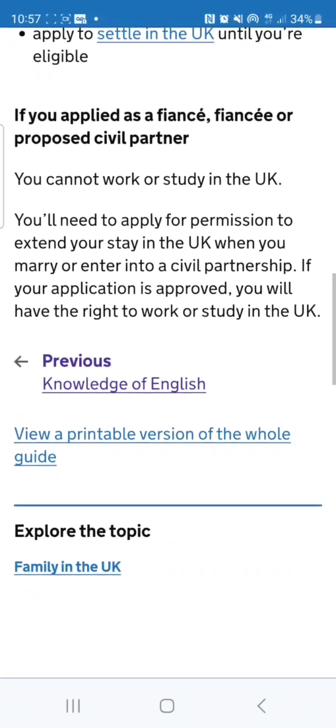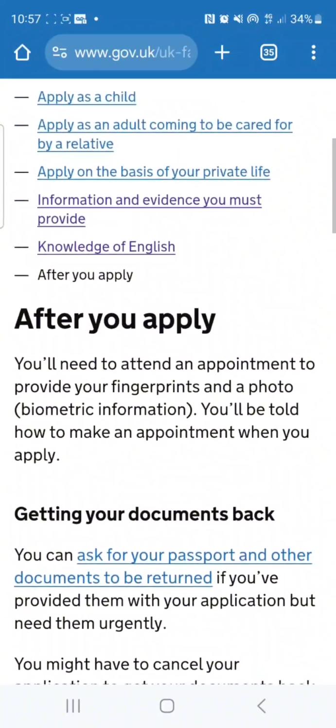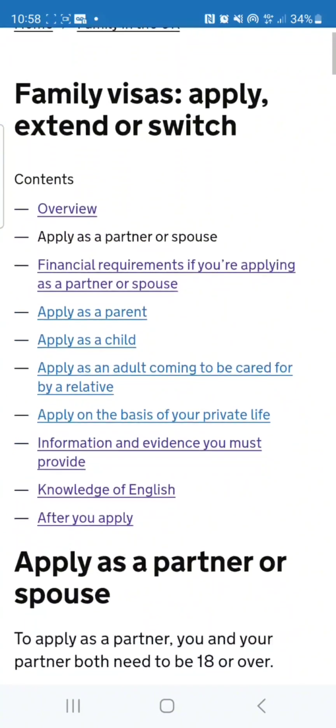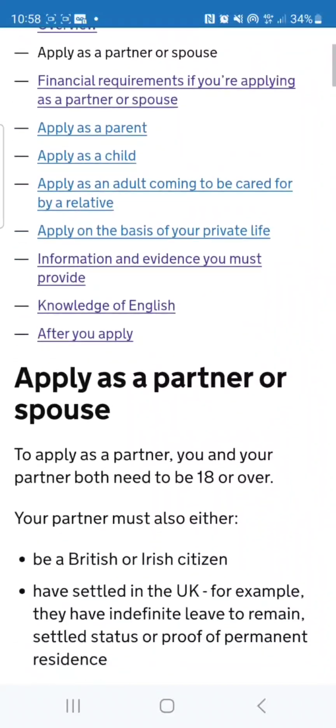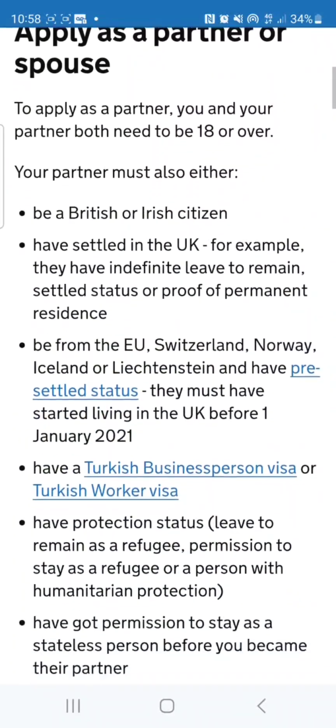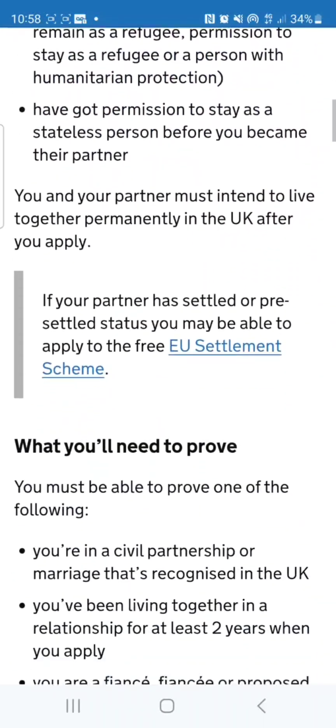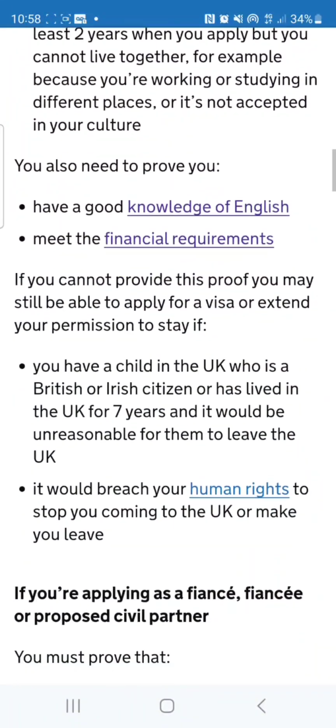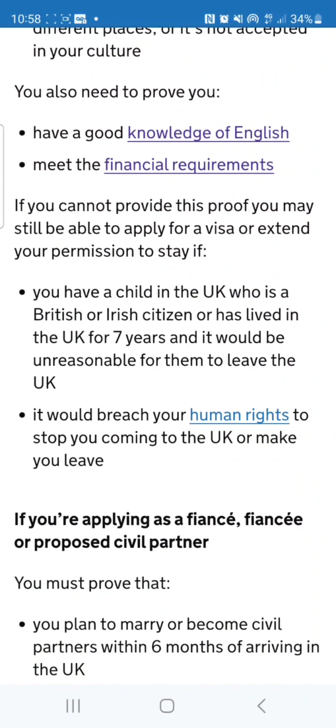If you are applying online, you can upload all the documents online via TLS contact. I will make a video for how you are going to make a booking for the biometric appointment, or how to upload all the documents online through TLS contact.